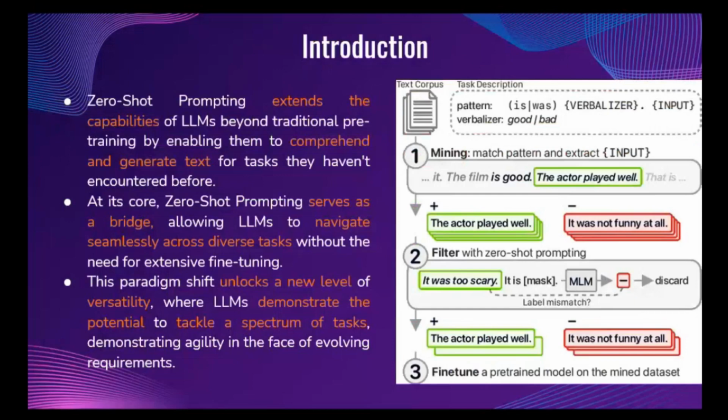The dataset can be a collection of books, articles, websites, or other forms of text. Then we have the LLM, which is a large language model that is trained on a huge dataset. As we know, the LLM can generate text, translate languages, write different kinds of creative content, and answer questions in an informative way.